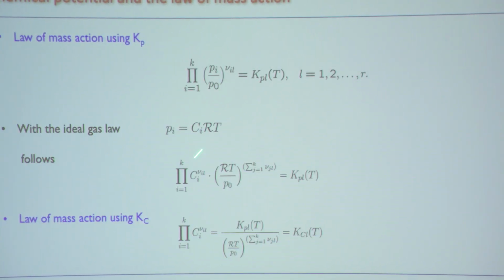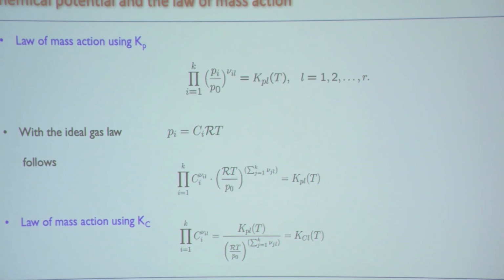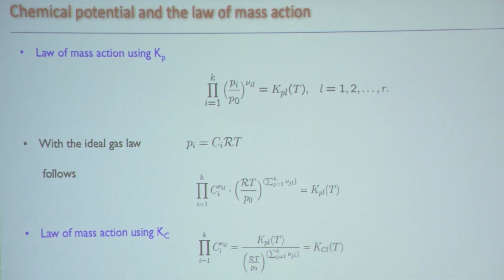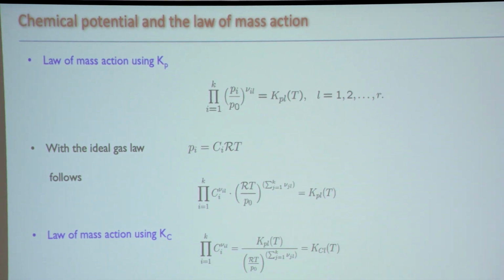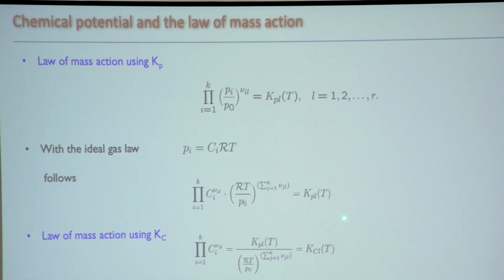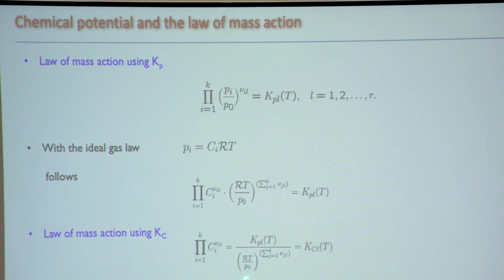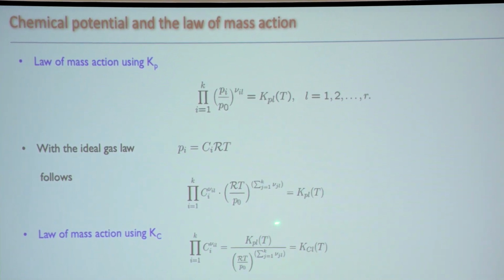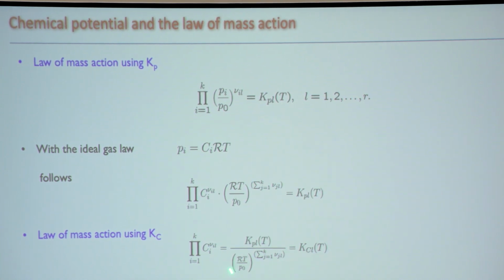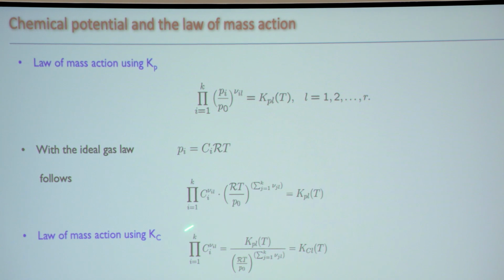And then this RT term, if you have an equimolar reaction, then you have an equal number of RTs in the numerator and denominator, and it goes away. It doesn't matter. But if you don't have an equimolar reaction, then this RT divided by P0 term remains, but still this is then the composition expressed in terms of the concentrations.